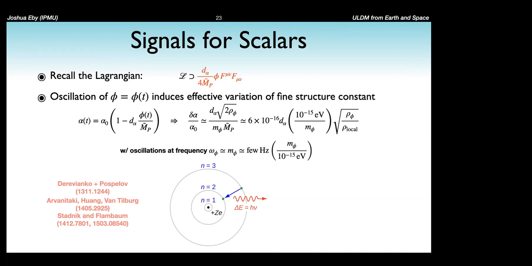What do these atomic physics experiments look for? They look for variation of fundamental constants that are sourced by scalar couplings of the field to, for example, α (the fine-structure constant), or to the electron mass, another typical target, or to the gluon field strength, and so on.